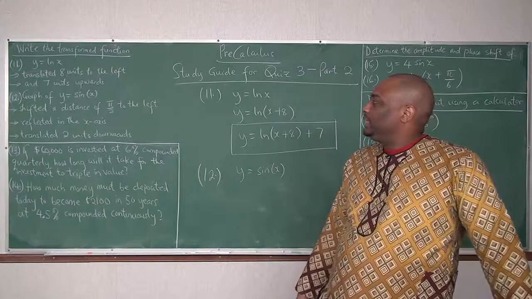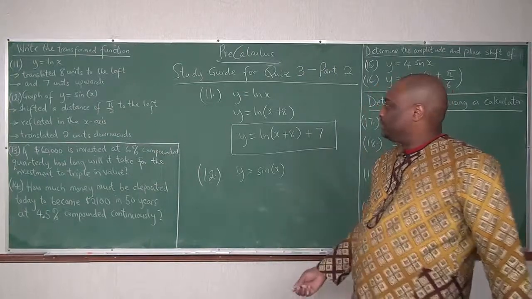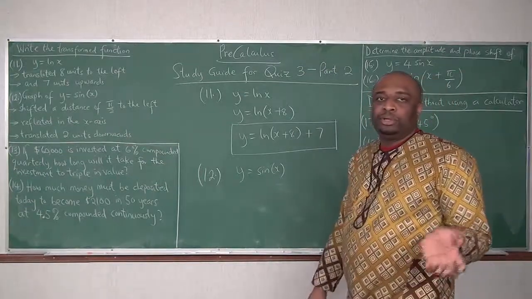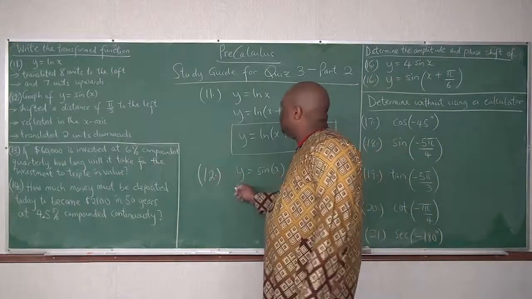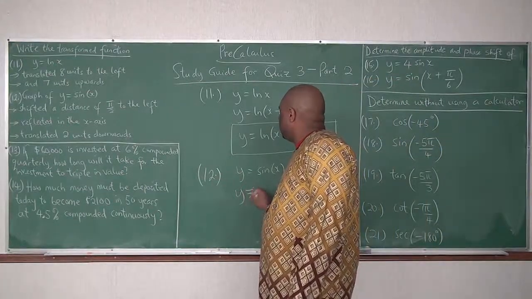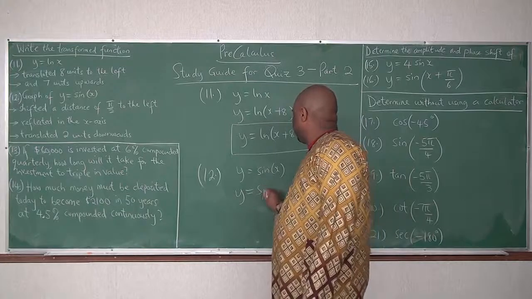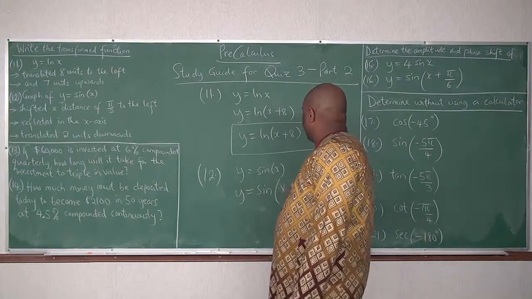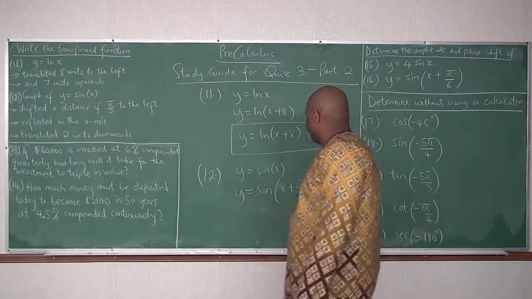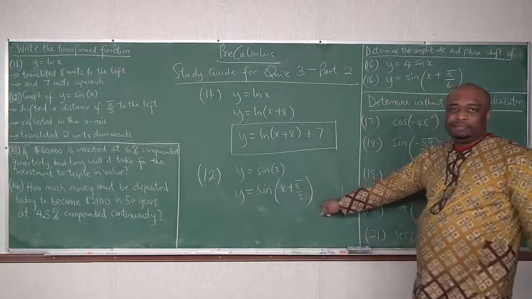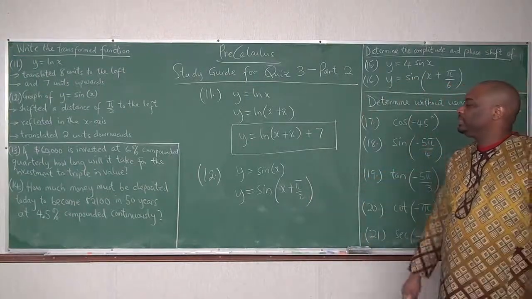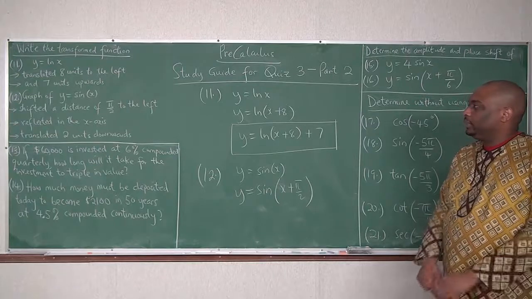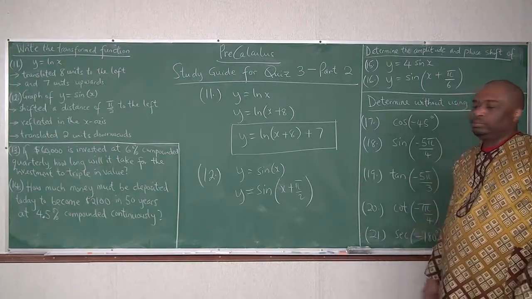You shift it a distance of pi over 2 to the left. So that is a horizontal translation, to the left. So this will be sine of x plus pi over 2, because it is to the left.